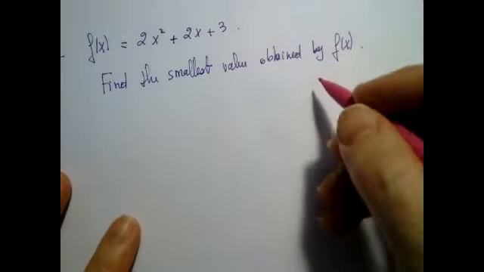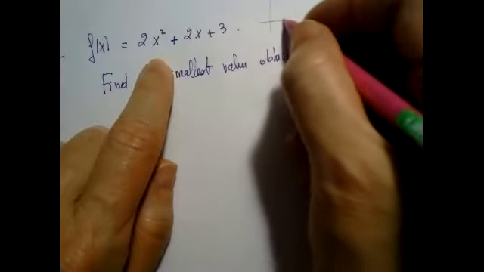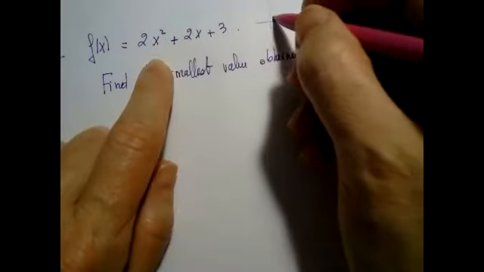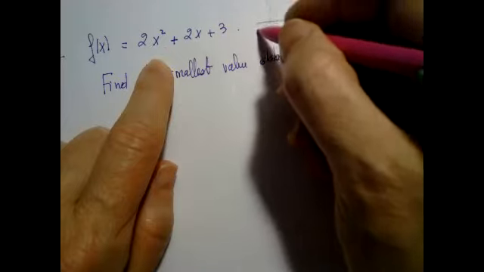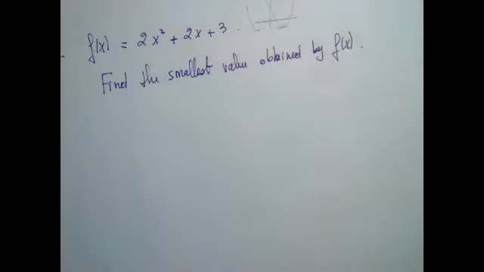In your mind, you can start imagining a little bit how this graph looks like, a positive parabola. So this is going to look something like this. It's going to have a smallest value. And that's really what I am after.